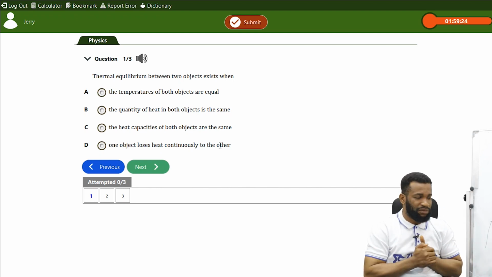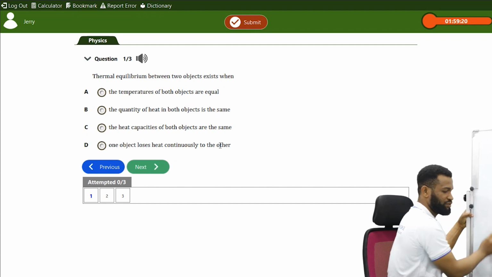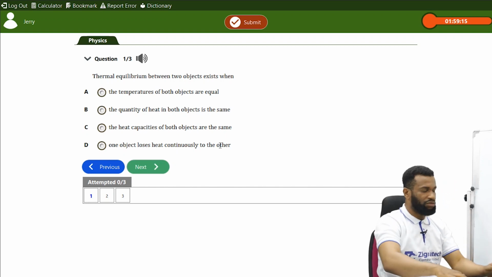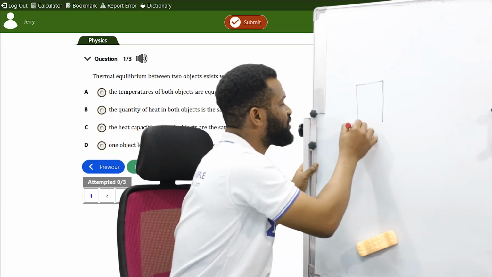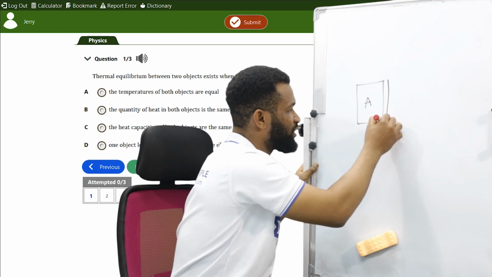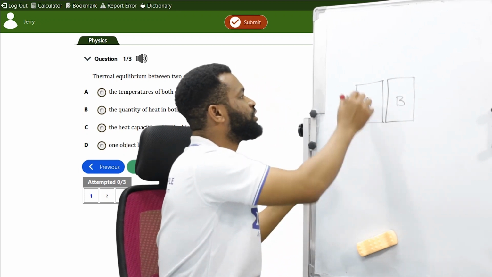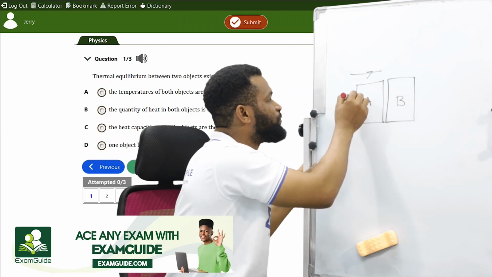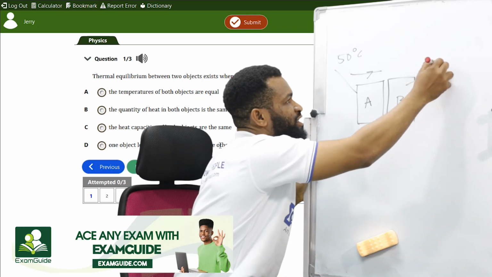Okay, thermal equilibrium. Let's talk about this a little. When we talk about thermal equilibrium, we are saying that there is a body called body A, and let me put another body here, body B. Now, heat will continue to flow from body A to body B if body A has, let's say, 50 degrees Celsius and B has 30 degrees Celsius.